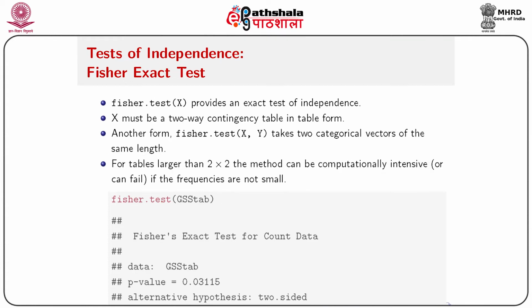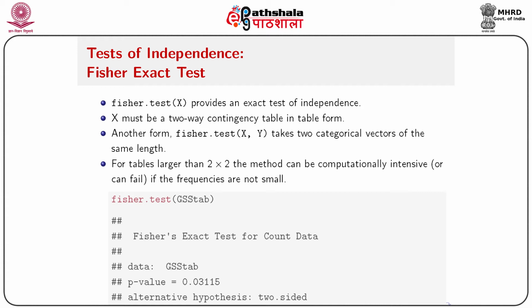Next we move to the Fisher exact test. The fisher.test provides an exact test of independence. X must be a two-way contingency table in table form. In another form, fisher.test(x, y) takes two categorical vectors of the same length. Two-way tables you can use with this particular function.